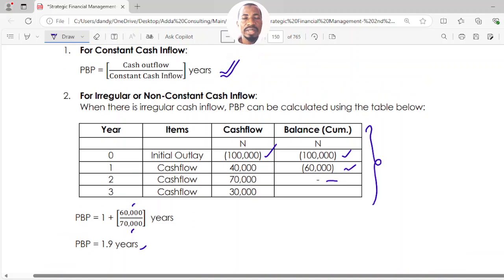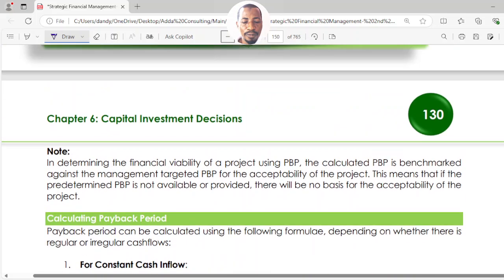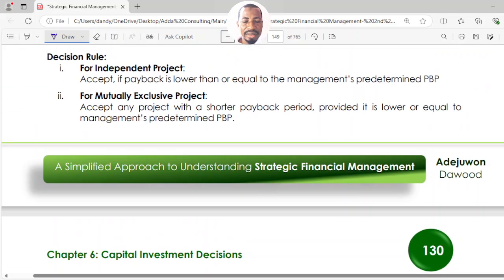Therefore, what are the decision rules under payback period? For independent projects, accept if payback is shorter or equal to management predetermined payback period. I repeat, for independent projects, accept if payback is shorter or equal to management predetermined payback period.